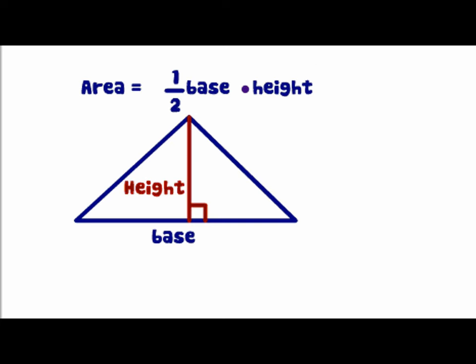Alright, now that we measure this, let's talk about the area of the triangle. So do me a favor and write that thing down. Area is equal to 1/2 the base times the height.